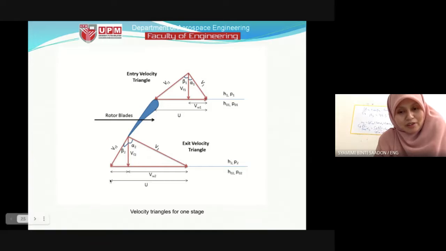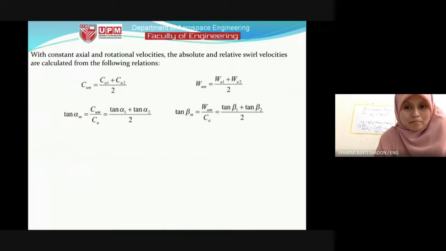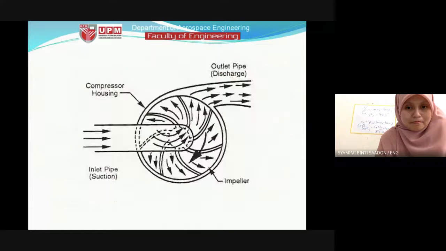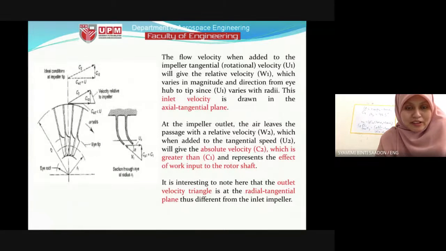So we have alpha, the U. The direction of the U is the same. It's just the absolute and relative velocities that are modified throughout the stage. I think that's all.